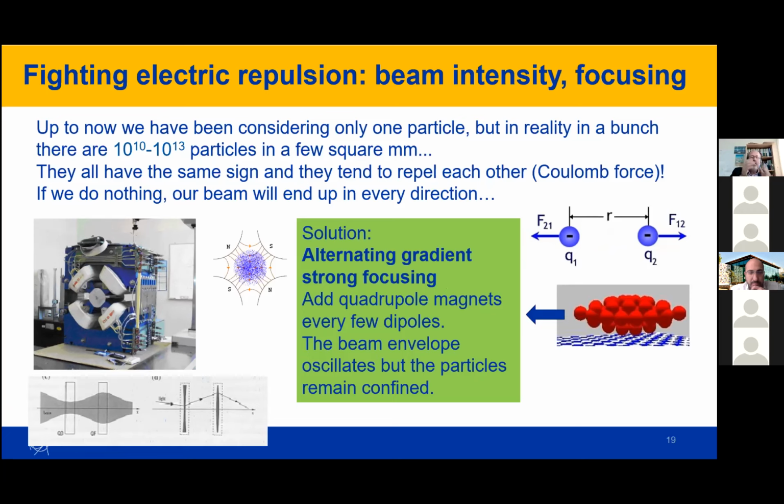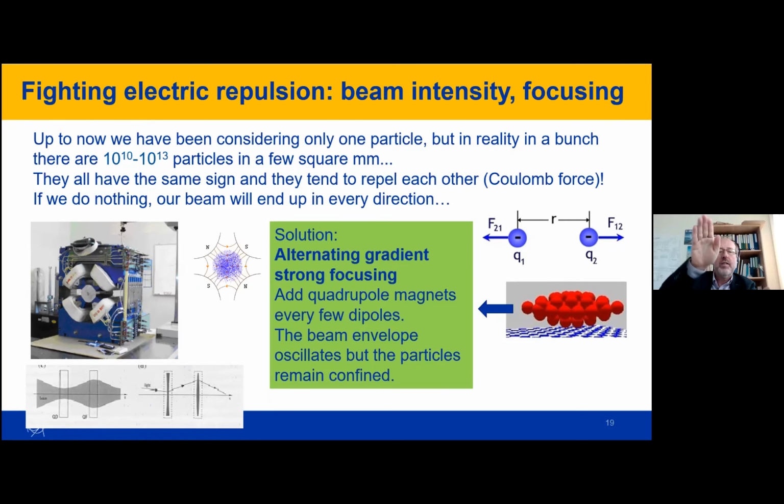So if you alternate focusing and defocusing quadrupoles, the beam will be defocused, then focused, then defocused, then focused. So it will basically change shape in the two directions, but will remain confined. So it is a focusing system. You can look at quadrupoles using the analogy with lenses.